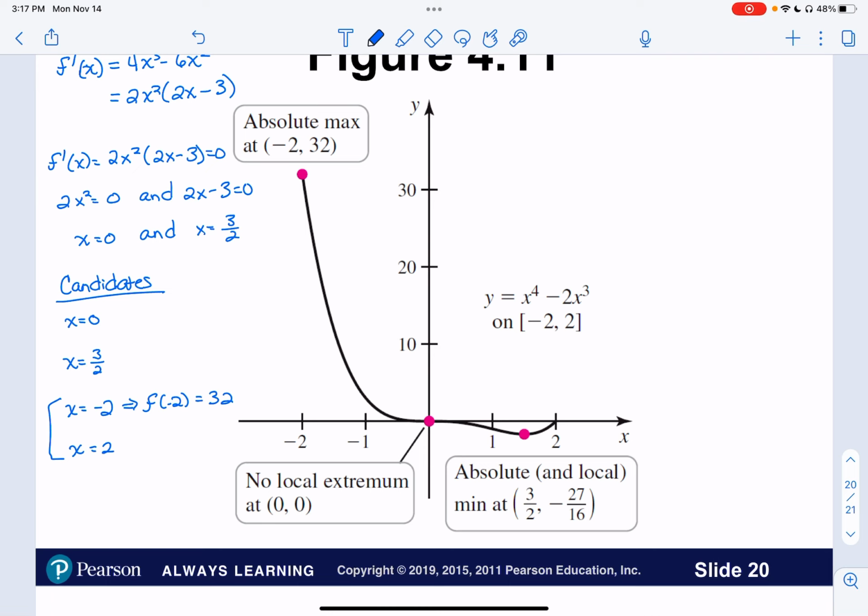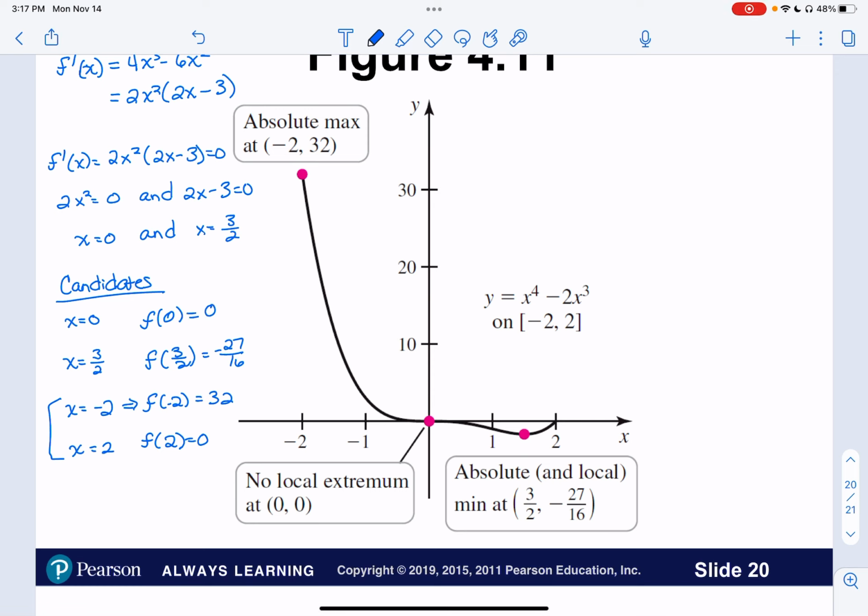If I look at f of 2, that's equal to 0. If I look at f of 3 halves, that's equal to -27/16. And if I look at f of 0, that's also equal to 0.